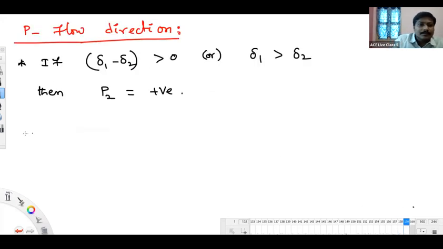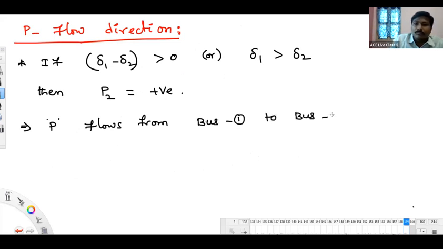That implies real power flows from bus number 1 to bus number 2.